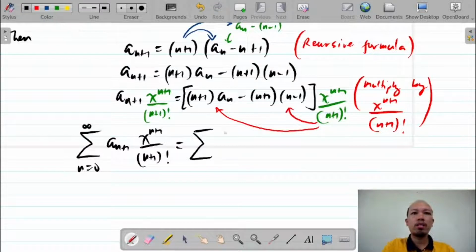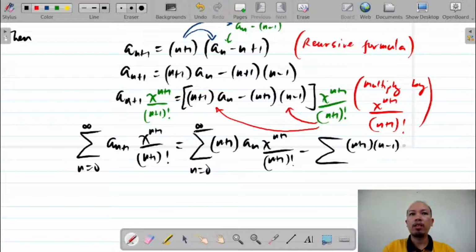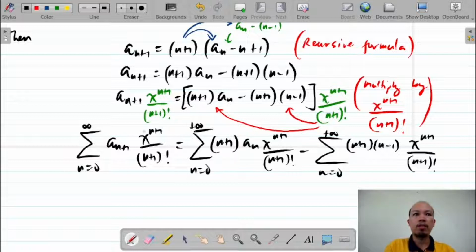So this will become summation of n plus 1 a sub n x to the n plus 1 over n plus 1 factorial, n starts from 0 to positive infinity, minus summation of n plus 1 times n minus 1 times x to the n plus 1 over n plus 1 factorial, n starts from 0 to positive infinity.